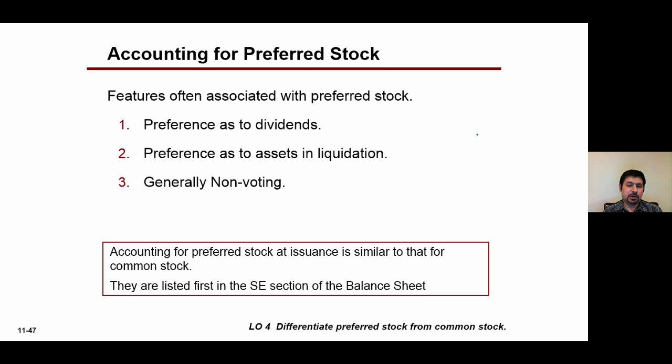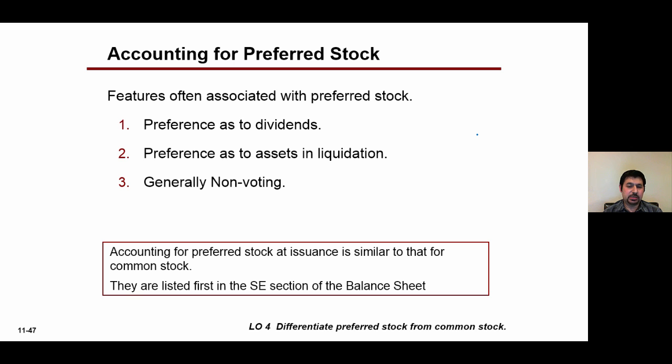Like the name suggests, preferred stocks come with certain additional features, such as a preference to dividends. They have the right to get paid their dividend before common stocks. Their claim to the assets, in the case of the company's liquidation, also comes before common stocks.